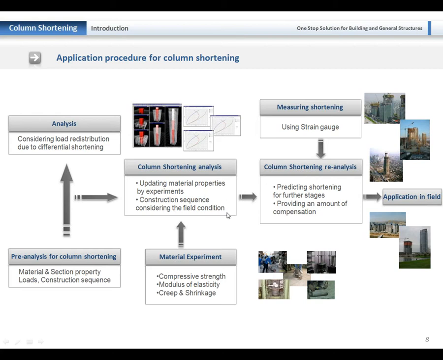During the construction, we keep adjusting these factors and do the reanalysis again to minimize the error, to have the best fit of the column shortening with the field data.